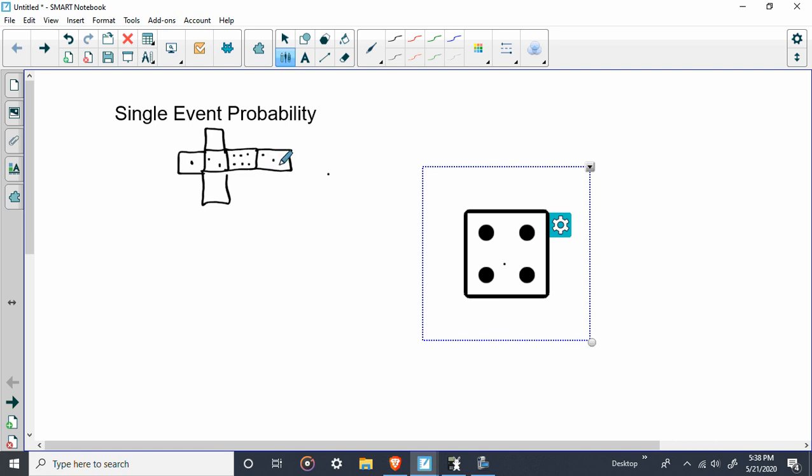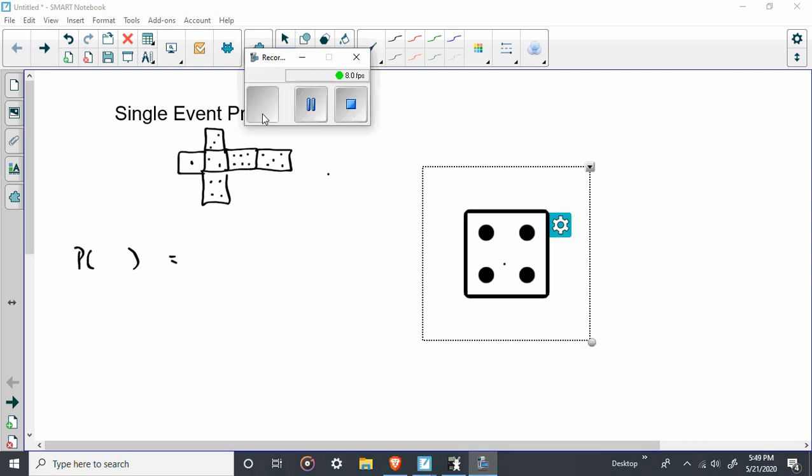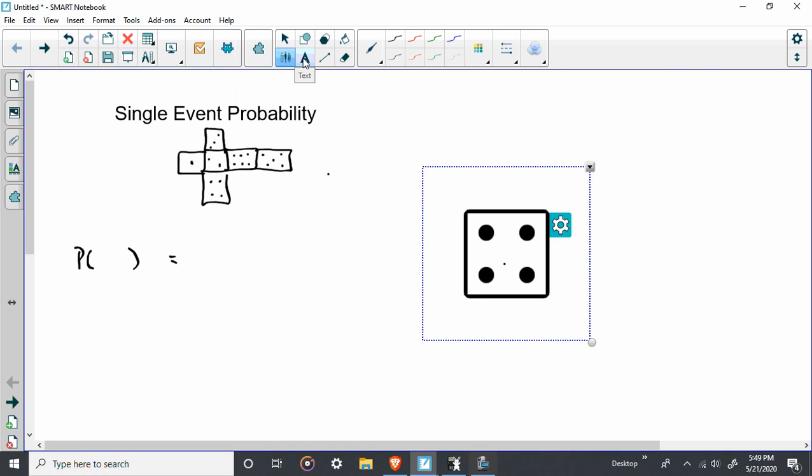When we talk about the probability of something happening, remember, it's your desired over your total. So there are 6 total outcomes when you roll a single die.